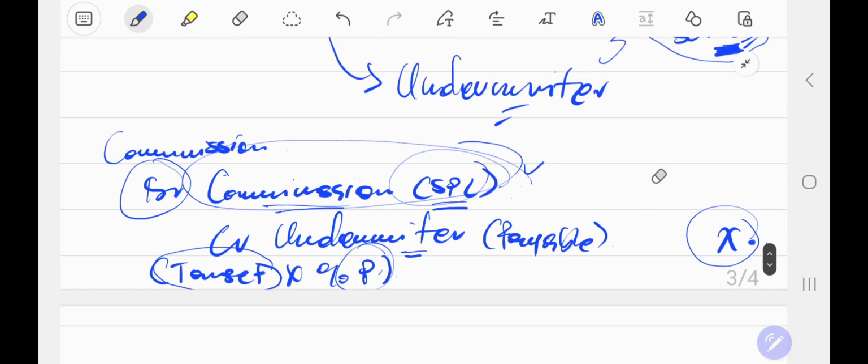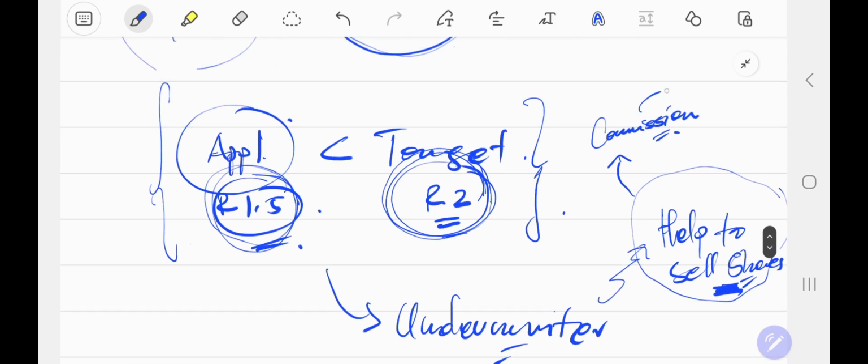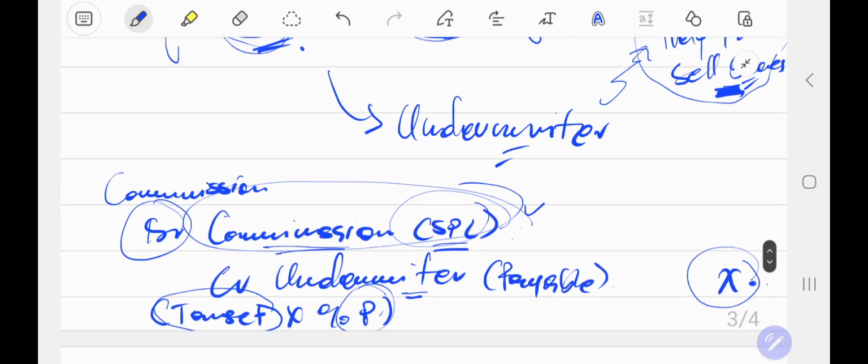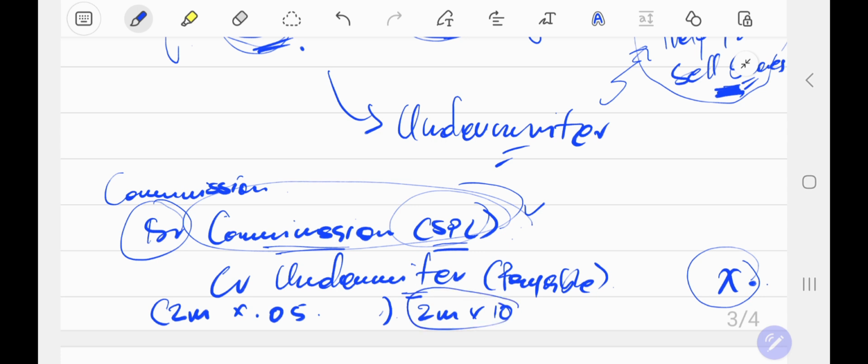And then in this case, we'll go back to say that the commission here is 5%. So when you calculate the commission, you'll say, okay, the target was 2 million multiplied by 5%. 2 million times 5% is going to be how much? 2 million times 10% is 100,000, no, it's 200,000.